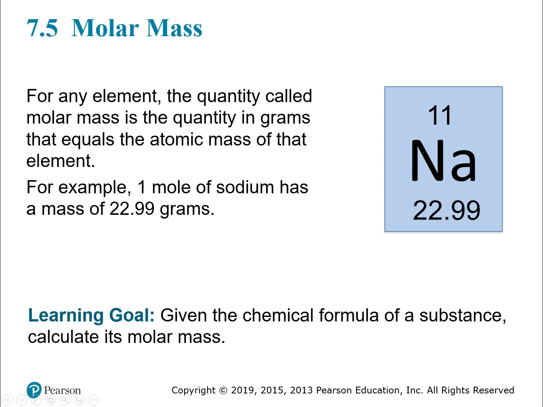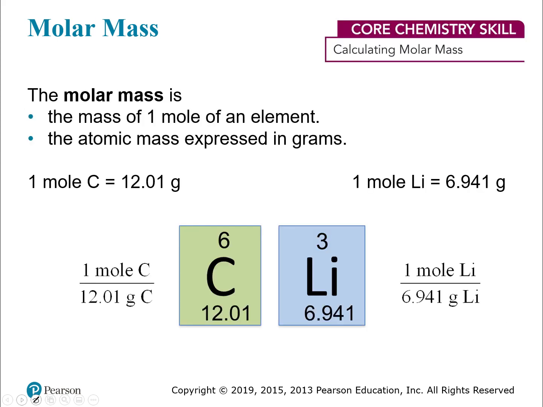Molar mass. If we're given the chemical formula of a substance, we can calculate its molar mass. Molar mass is just the quantity in grams that equals the atomic mass of that element. Let's talk about it. If I have 1 mole of an element, then the molar mass for that element is the atomic mass expressed in grams.